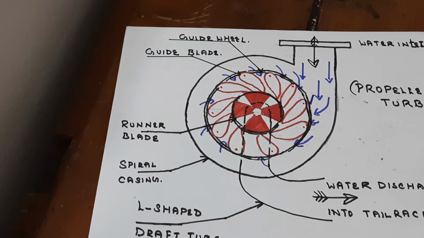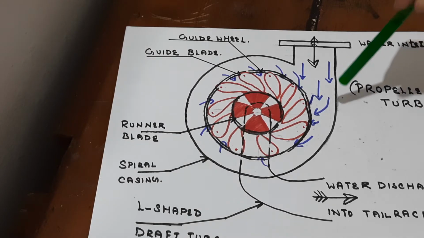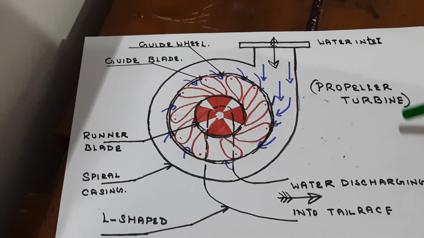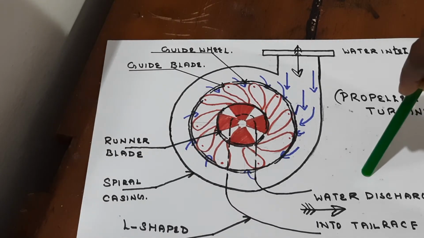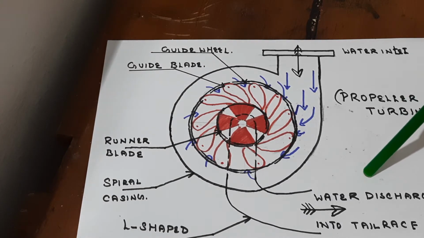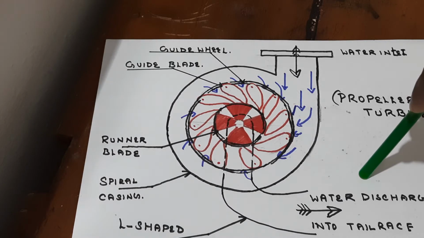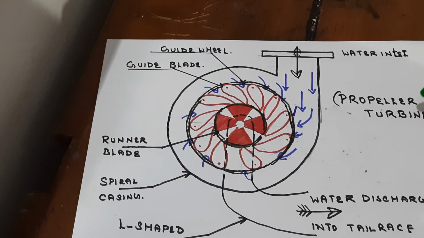So this was the working principle behind the Kaplan turbine. Kaplan turbine, I have written here, popular turbine. Now, what is this popular turbine? As I told you, this Kaplan turbine is an axial flow reaction turbine. Reaction turbines are of two types: Kaplan turbine and propeller turbine.